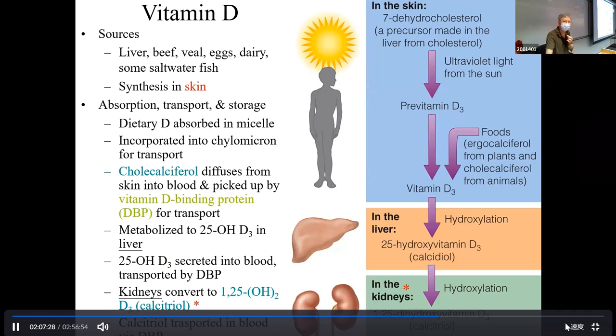What I want you to at least remember, and you should already know this, is what is cholecalciferol, what is 25, and what is 125.